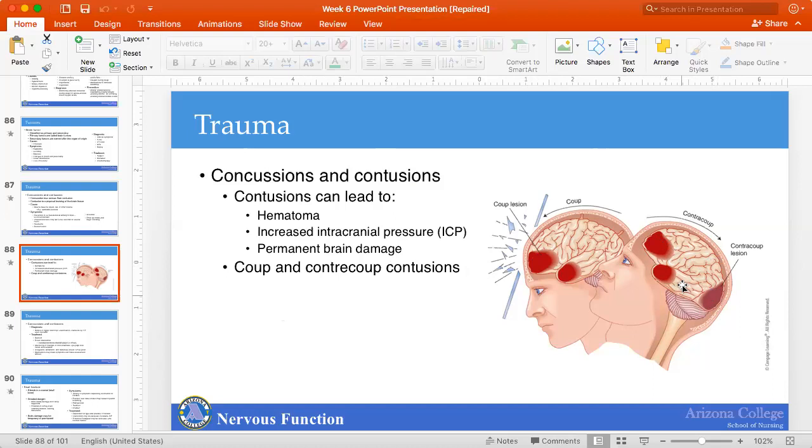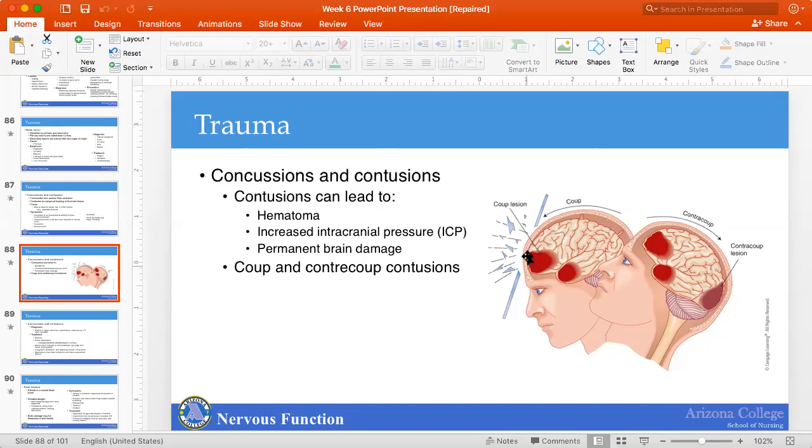So from a rehabilitation standpoint, if somebody hits the front of their head hard enough, I could also be seeing damage in the back. The front part here is the frontal lobe, which is involved with decision making and executive thinking and function. And back here, you have the occipital lobe, so potentially you could have some visual disturbances as well.